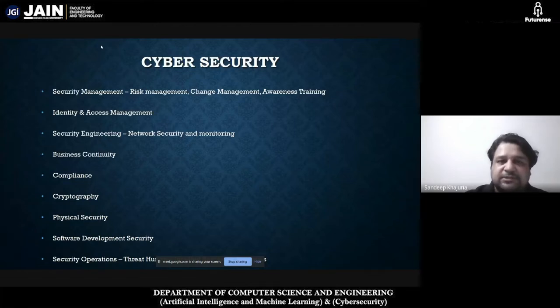This is what I have been dealing with for the last 7 years. I majorly deal with software development security and application security in total. Those applications need to be secure before they reach the face of a user or a customer, right? This particular domain deals with that problem.